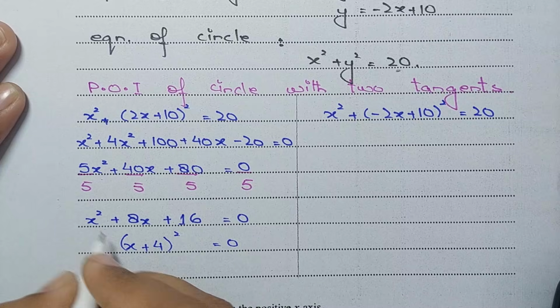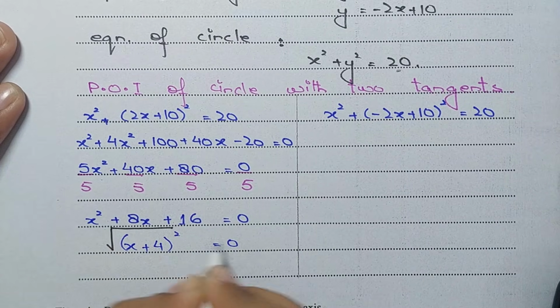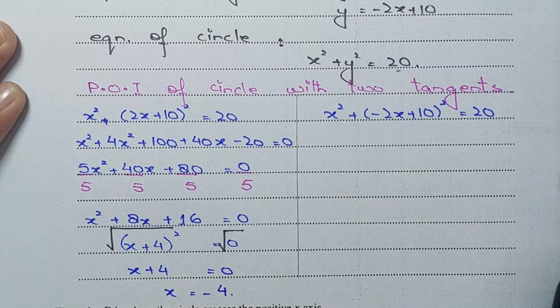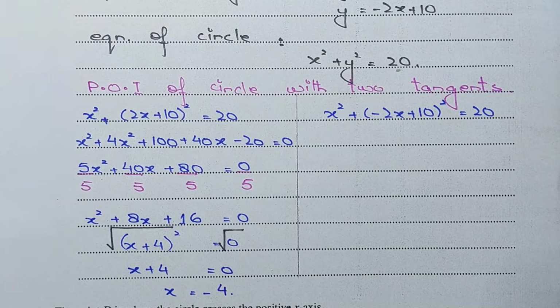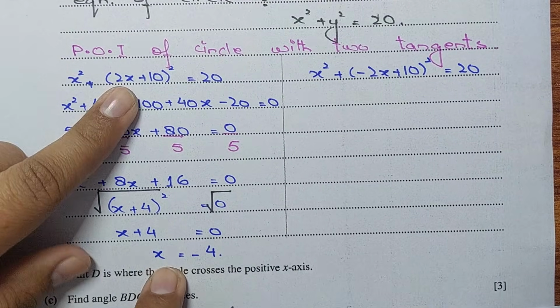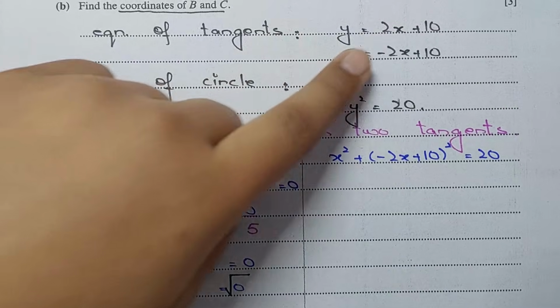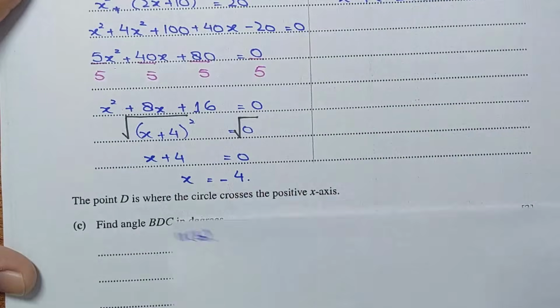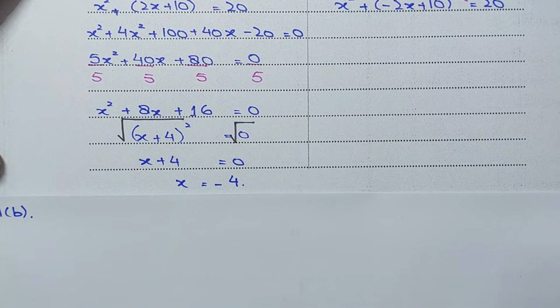To get the x value, take a square root on both sides and you will get x plus 4 equals 0. From here the x coordinate is negative 4, right? Now we need to figure out the y coordinate. Plug the x coordinate into the equation of tangent. This tangent, we have to use the first one, 2x plus 10.